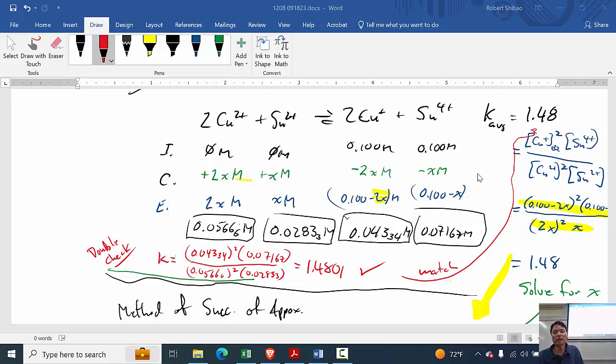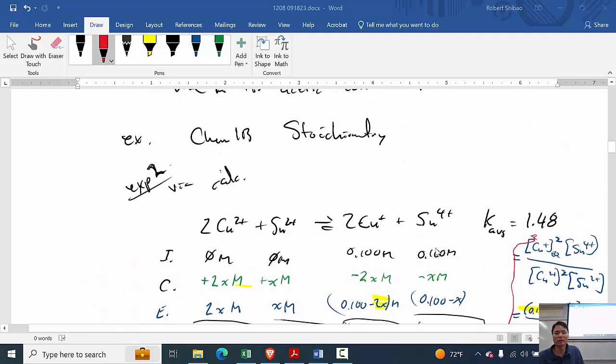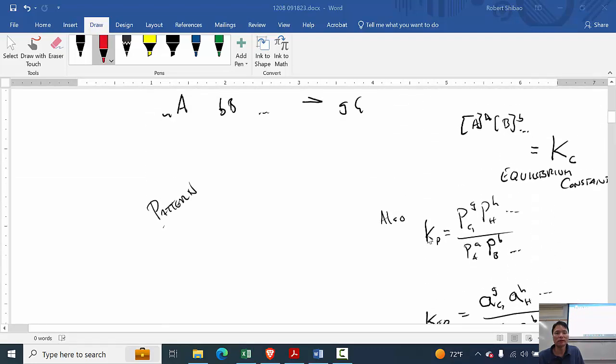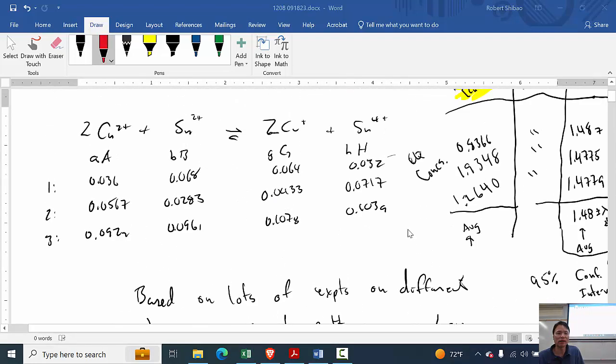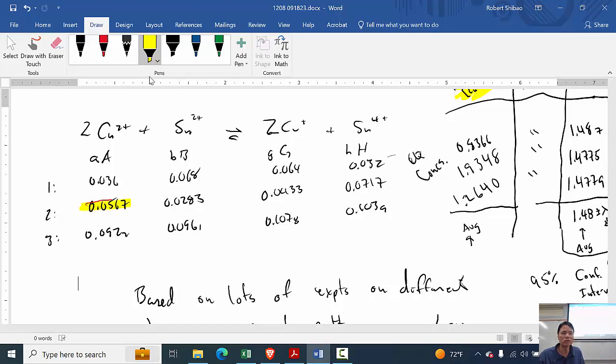All right, so we can compare this with the experiment, and the experiment should have given us the same value. This was experiment number 2. From experiment, they measured 0.0567 for the copper 2 at equilibrium, 0.0283 for the tin 2 at equilibrium, 0.0433 copper 1, and 0.0717 tin 4.